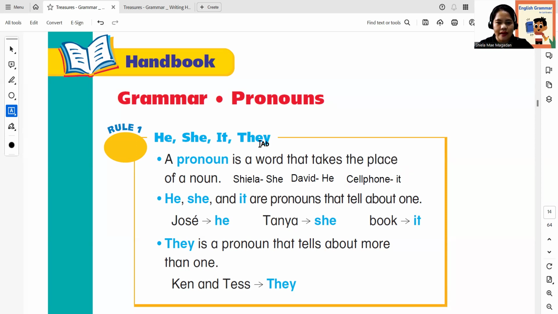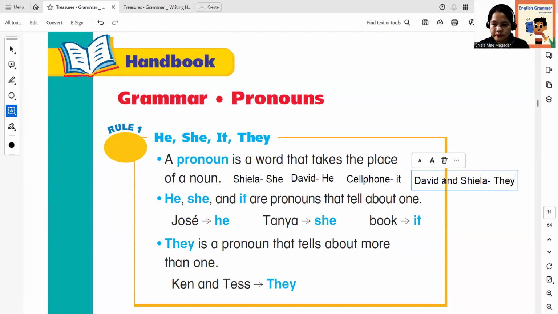How about they? When you combine David and Sheila, you have to put they, because they is used for more than one, people or more than one thing.